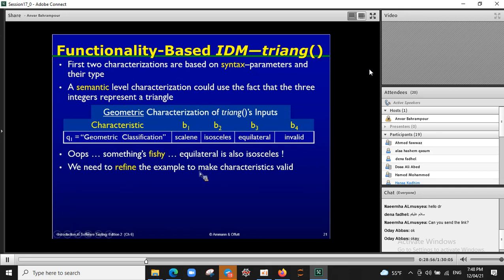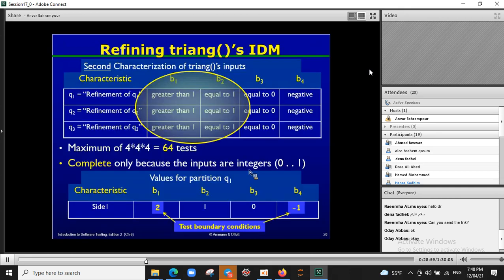As you know, in each partitioning, such as the previous one, this partitioning, or in the interface-based approach, we have several blocks that partition our input domain. But how many tests should be done? How many tests are good to be done?